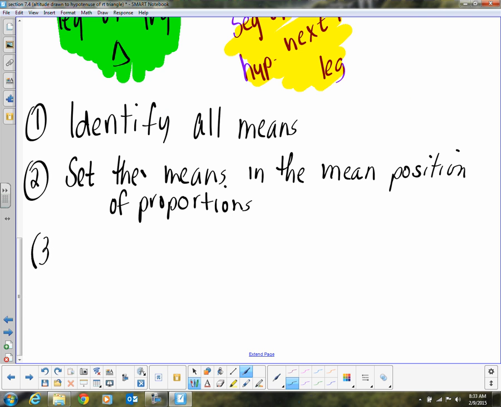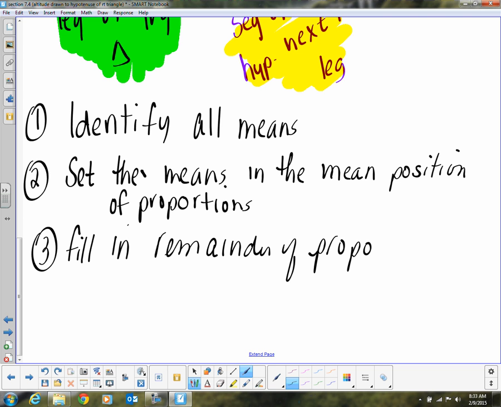And then after that, you're going to fill in the remainder of the proportion. And then it's just solving proportions. You're going to solve more proportions today than you have in any of these lessons.